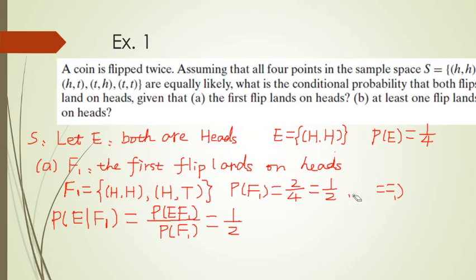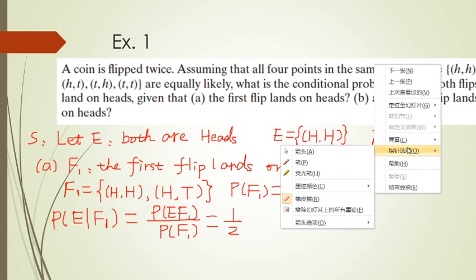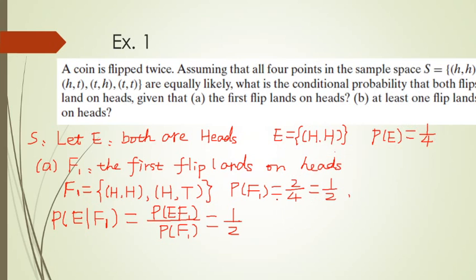Here we have already introduced the conditional probability, but let's try to understand what is E and F1. How can we state this E and F1? That means the first flip is head and both are head, right?